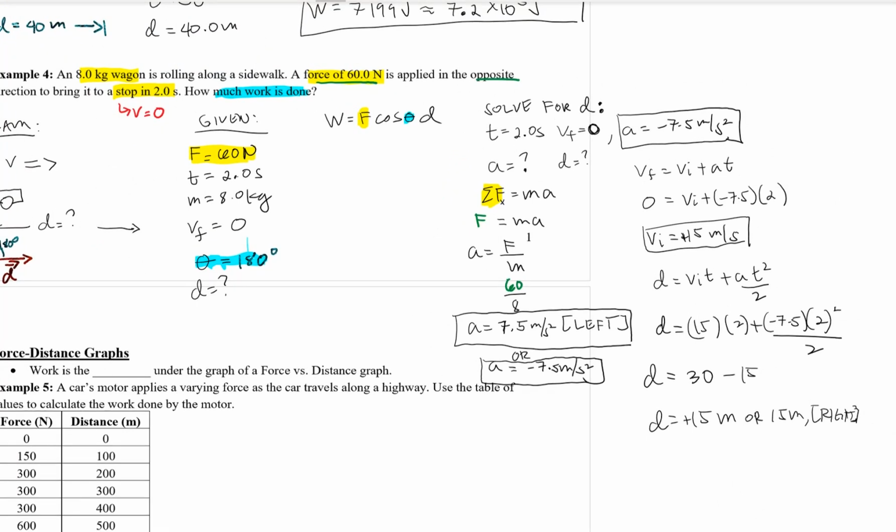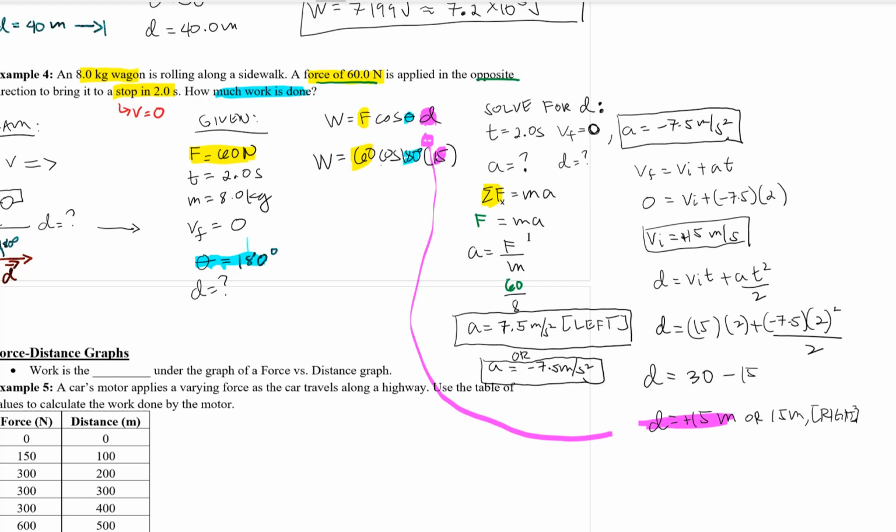So now I can use this answer here to solve for the work. So work is equal to 60 cosine of 180 degrees multiplied by 15. The convention there is positive, so this is 60, and then the angle is 180.